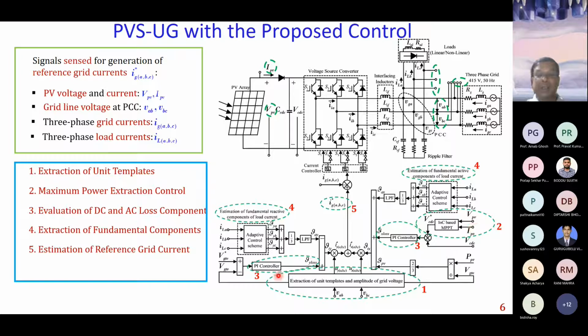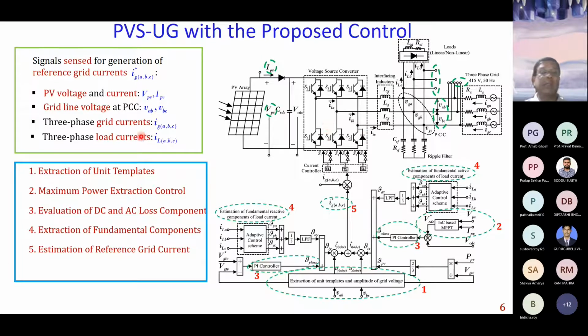The third task is to evaluate the DC and AC loss component by using the PI controllers. The fourth task is to estimate the fundamental reactive component of the load current. And the fifth task is to estimate the reference grid current so that we can use that to control the current controller, where the switching pulses S1 to S6 are used to control the voltage source converter.